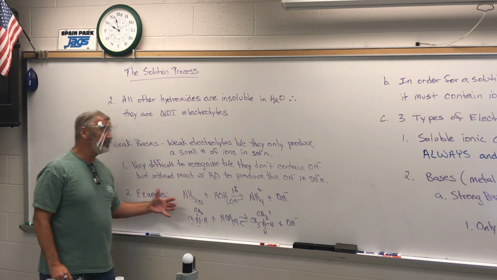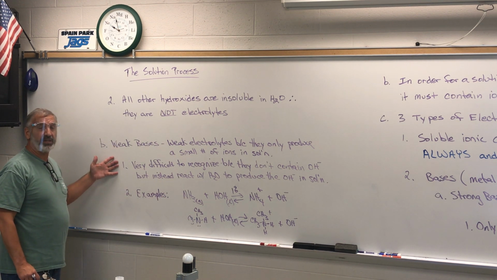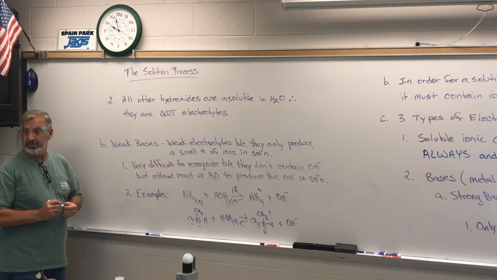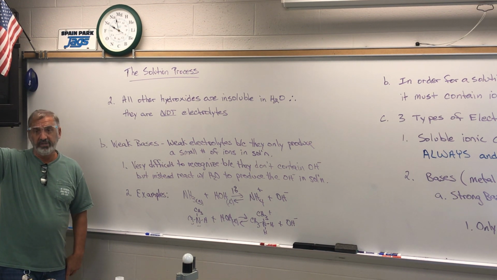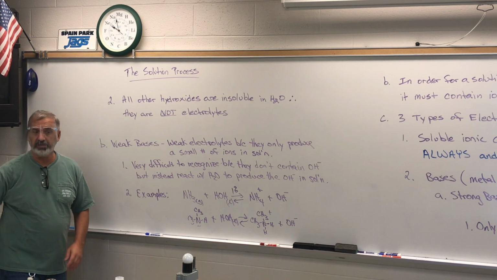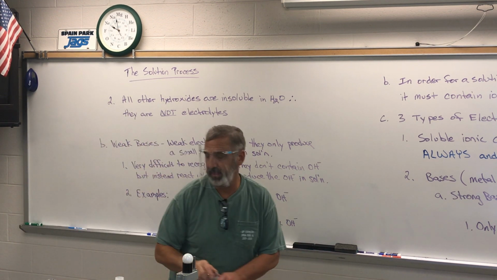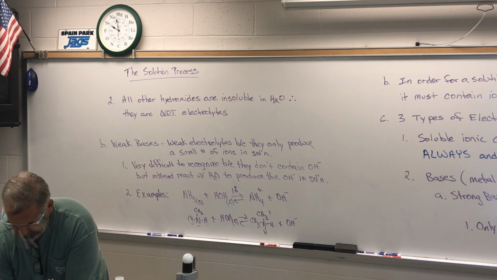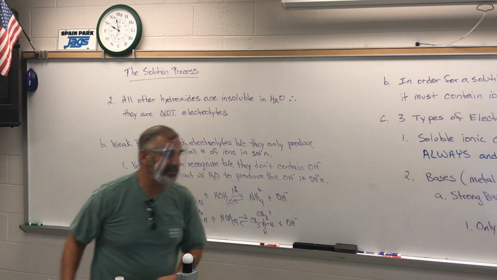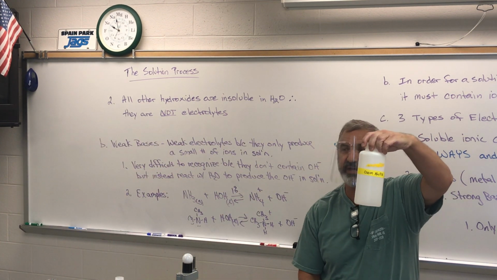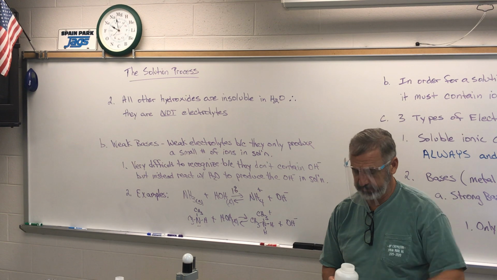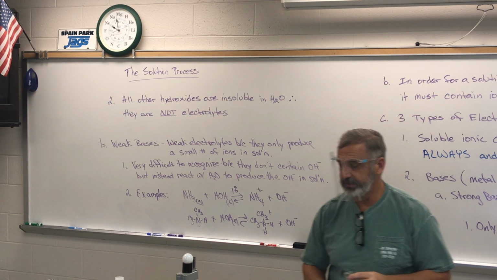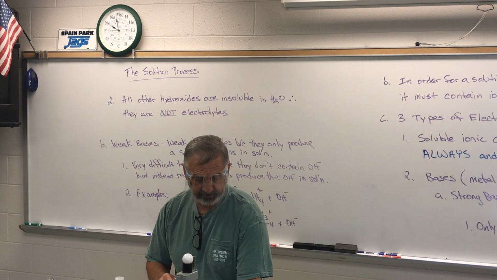But just to introduce the concept, bases are electrolytes, but we have strong bases and weak bases. Strong bases are the ones we're pretty much going to deal with: the alkali metal hydroxides, barium and strontium. So again, if I take a base such as NaOH, a strong base, what do you expect as far as conducting electricity?